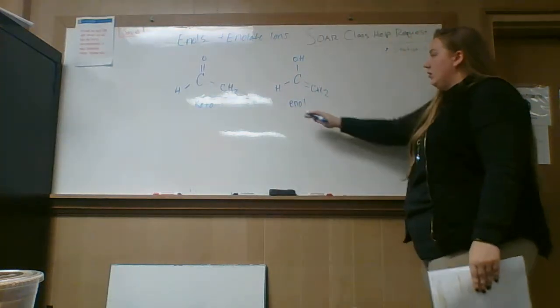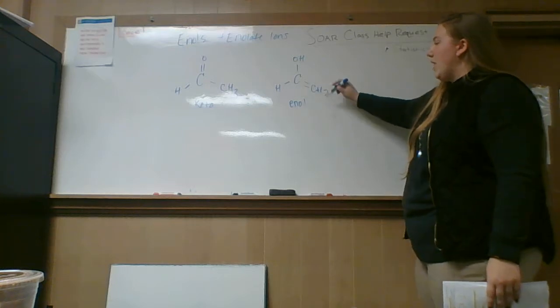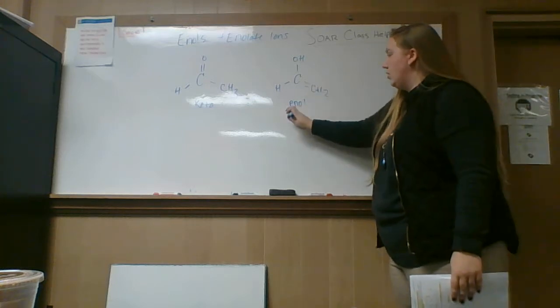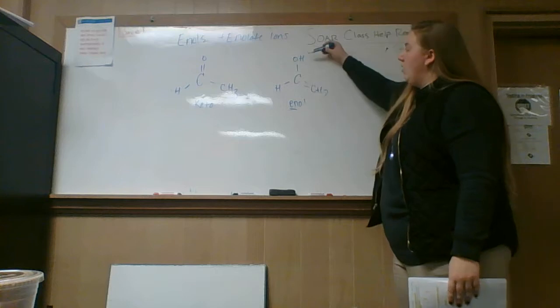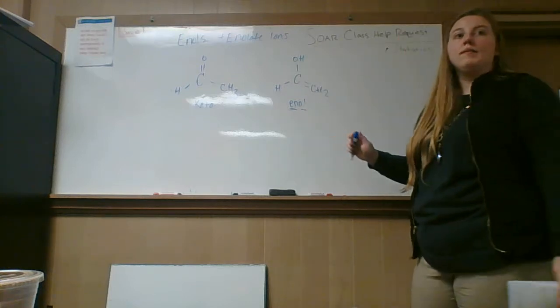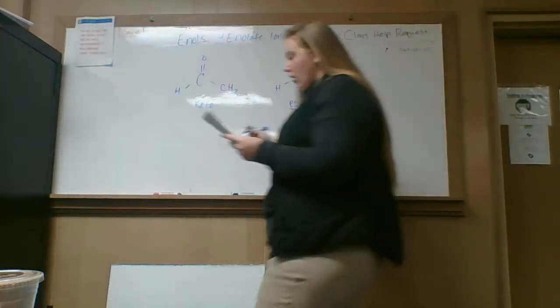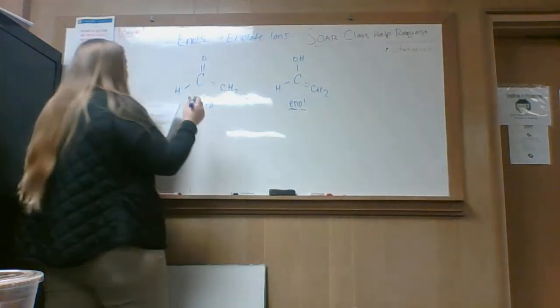The enol is formed when bonds are broken and reformed so that we have a carbon-carbon double bond, an alkene, and an alcohol group, ol. When we go back and forth between these, that's called tautomerization or tautomerism.